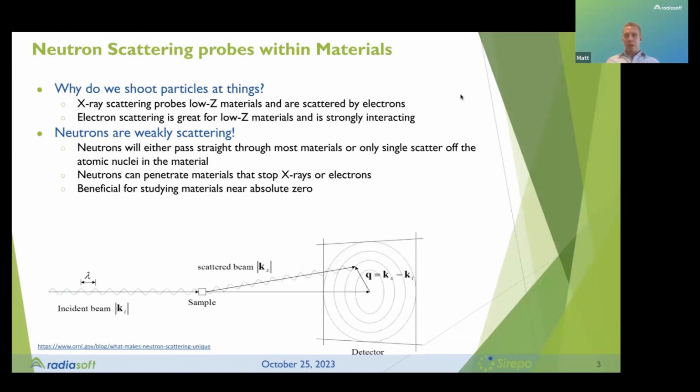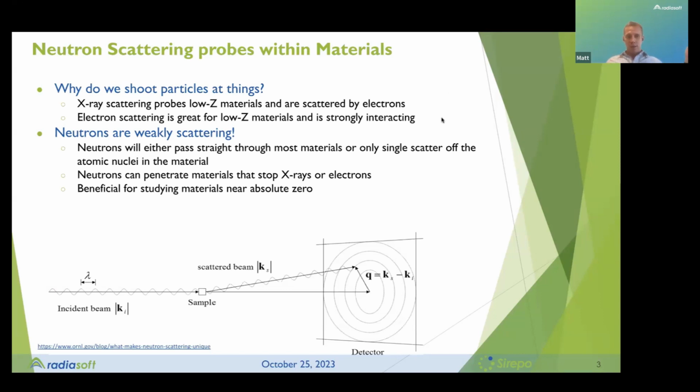A quick bit of background on what is actually happening. Why do we shoot these particles at things? We could do X-ray scattering, which is really good at probing low Z materials, so low numbers of protons in the atomic nuclei. But we're working with materials where we want to see really dynamic effects, and this is good with neutrons because they are weakly scattered.